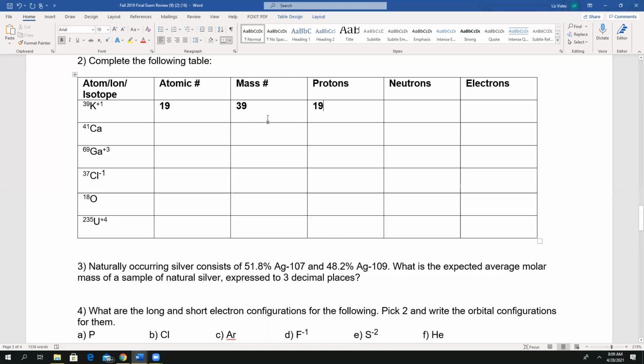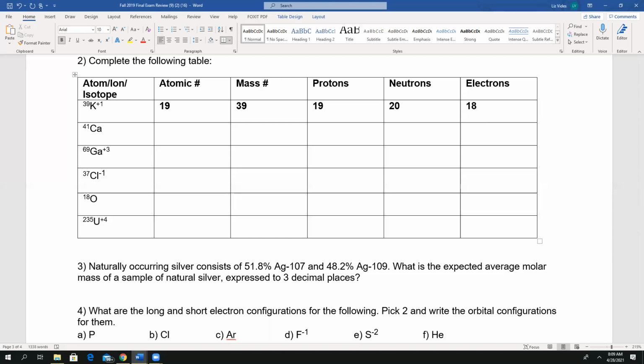And then the protons here, neutrons, if you subtract it from the mass number, you get the neutrons. And the electrons is the same as the protons unless you have a positive or a negative. If you have a positive, then you subtract.